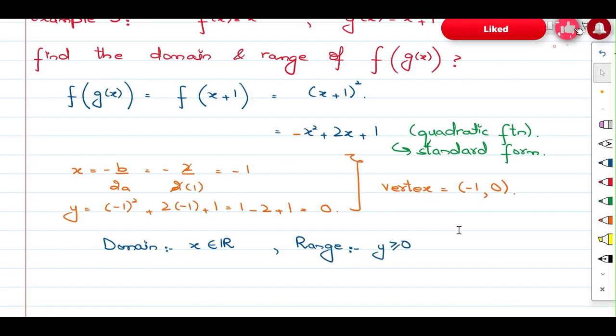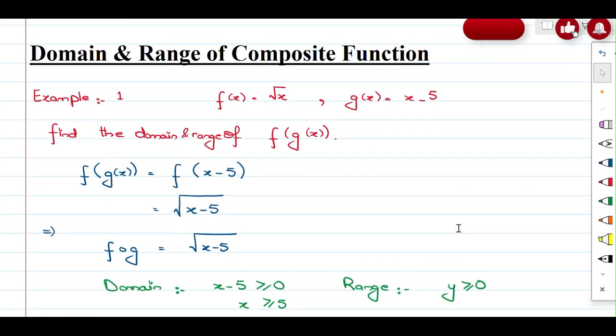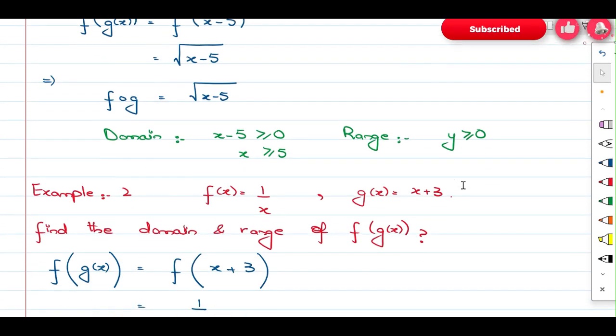So to get the domain and range of composite functions, we did three examples. It is better to solve the composition first, and then proceed with the resulting function. If your resulting function is a radical function, then apply the rules of the domain and range of the radical function.